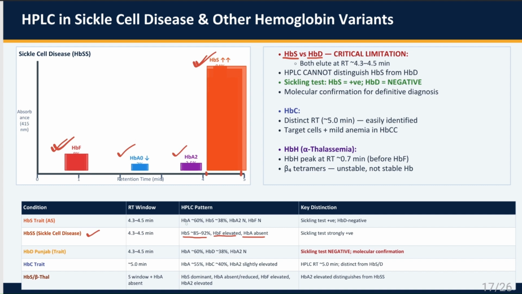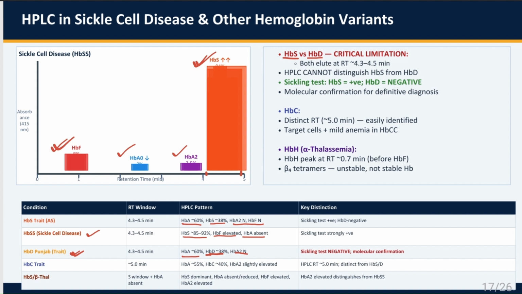In sickle cell trait, HbA level is around 60%, HbS 38, HbA2 and fetal hemoglobins are normal. In HbD or hemoglobin Punjab, in this case HbA level is around 60%, there is also HbD which is around 38% and HbA2 level is normal.